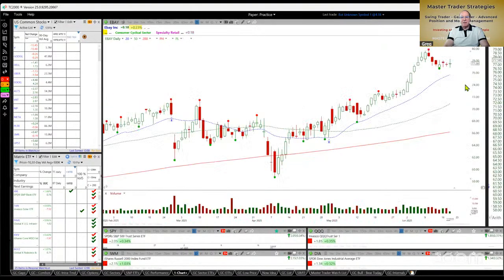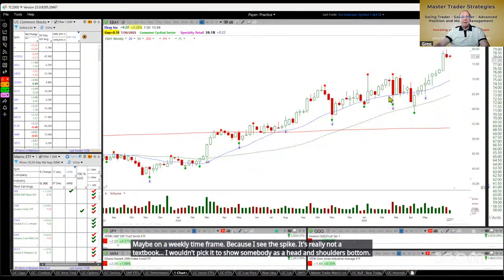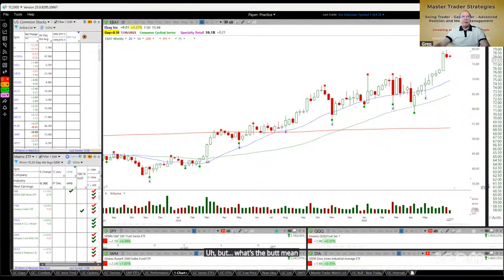Is eBay a good example? Maybe on a weekly time frame, because I see the spike. It's really not a textbook. I wouldn't pick it to show somebody as a head and shoulders bottom. No way. But what's the but mean? What the but means is, it went down and it came back up again, 100% retracement, which is going to be positive.